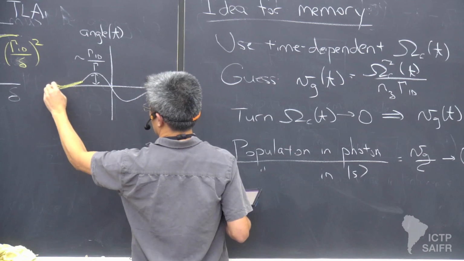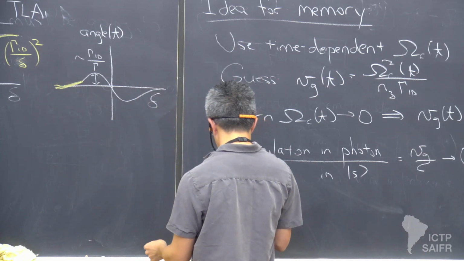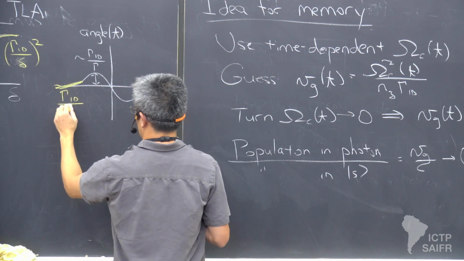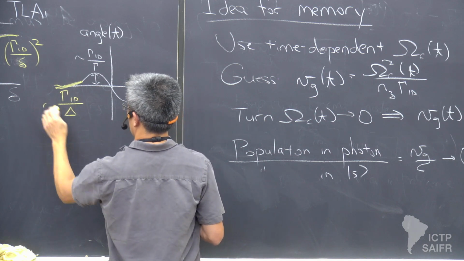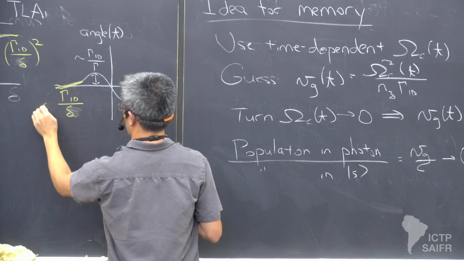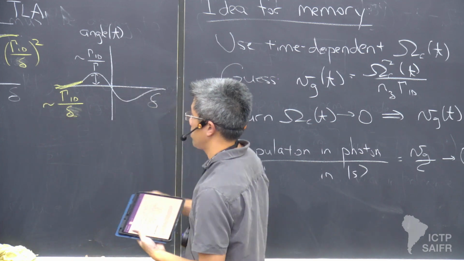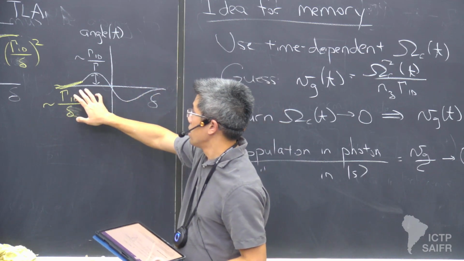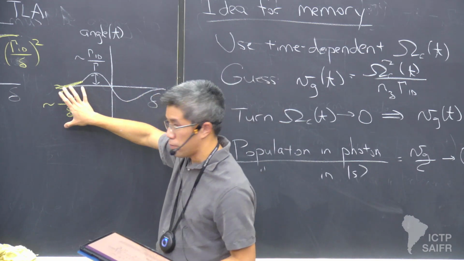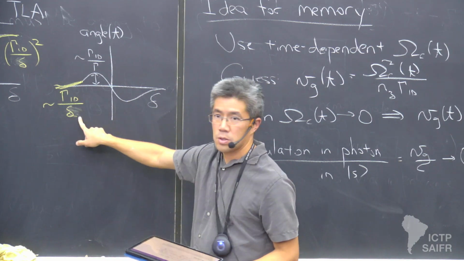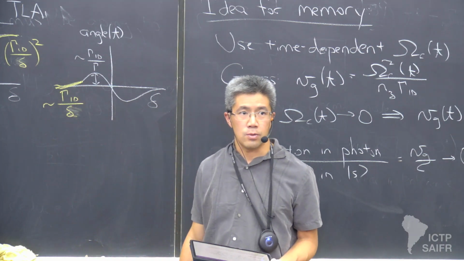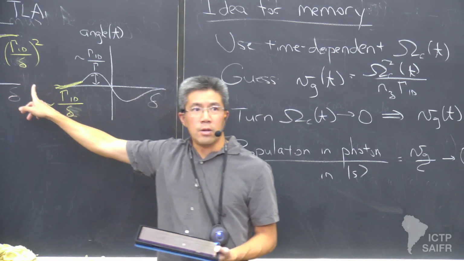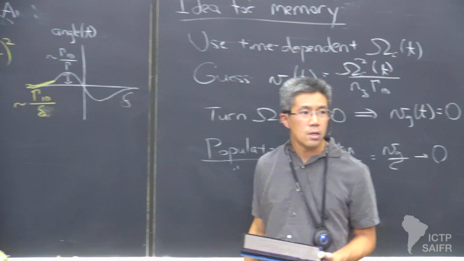And in the tails, when I go to very large detuning, that phase shift scales like gamma 1D over detuning. So the main message is that if I'm sitting very far away from the resonance of a two-level system, the amount of phase shift I can pick up gets reduced because my atom can't respond as effectively to non-resonant light. But then my absorption drops down even faster.